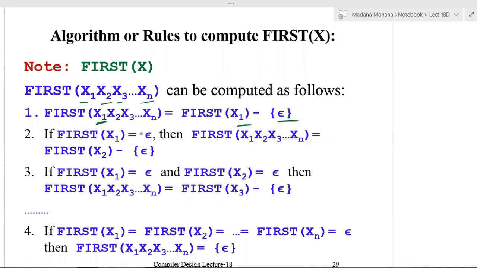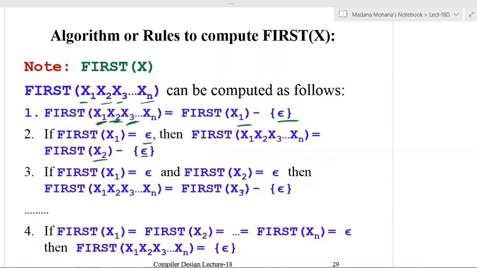Then if x1 contains null, you can proceed to the next one. So first of x1 contains null, then first of x1 and so on xn equal to first of x2 minus null. Then for the second one, you add non-epsilon symbols. Then if first of x2 contains null, then for the third one, first of x3 minus null is added to this value.